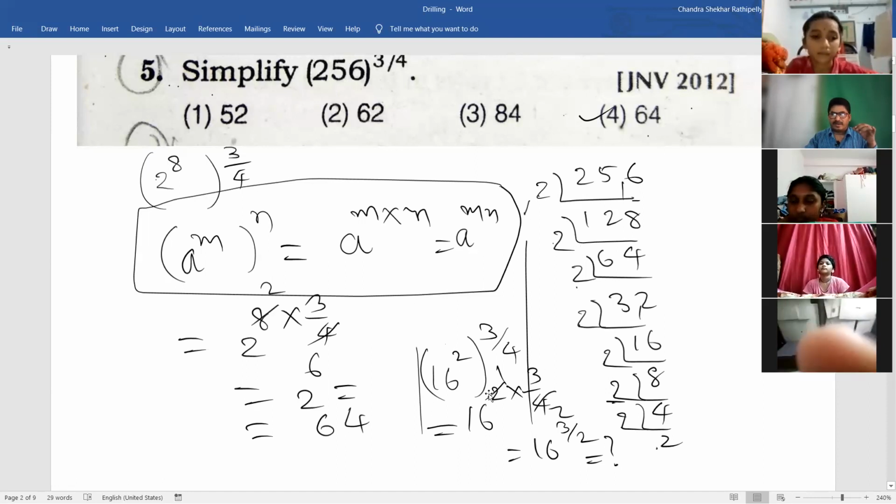We will face troubles like this. See here, 16 to the power 3 by 2. We can't get it immediately. There is a root, but not straight. Again, we have to factorize this and we can find the answer. Okay? All right. Thank you, sir.